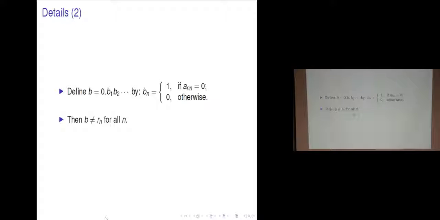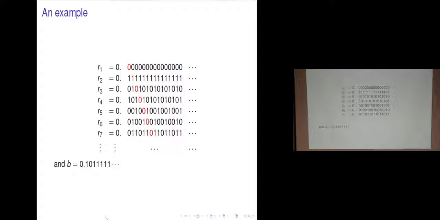Now, maybe this is too hard to digest, so let's see an example with concrete decimals. Suppose your R1 is 0 all the way. Maybe your R2 is 01 all the way. The example may not be too accurate; maybe you can change some digit somewhere. This is not strictly between 0 and 1, but if you change some digit it will be inside.